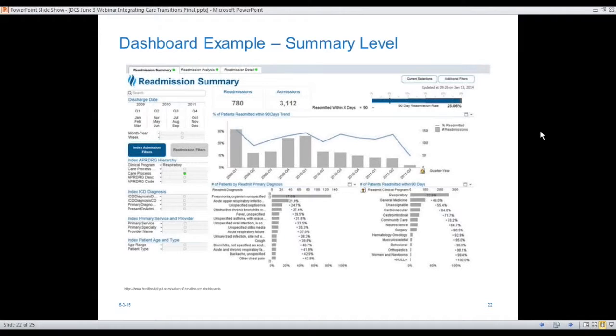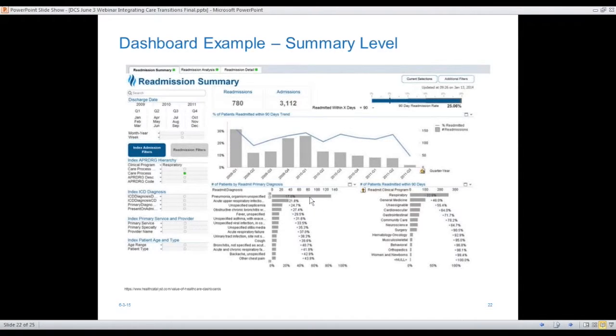So here's an example of a summary level report that put together and showed trends across patients over 90 days and percent of patients with different readmission diagnoses, percent of patients that were readmitted, so they could start seeing trends. Hey, here were the diagnoses, and here were which of those patients were readmitted and why. And I could start seeing where my problems are.